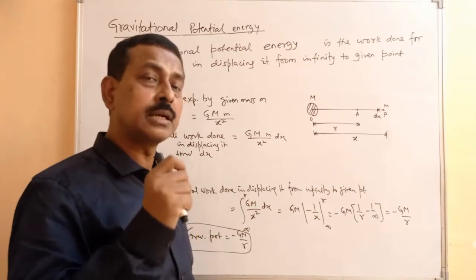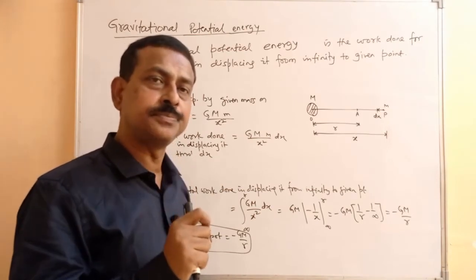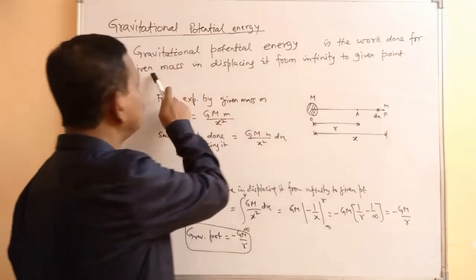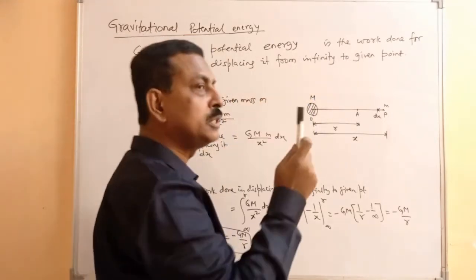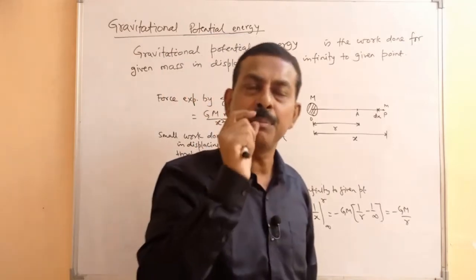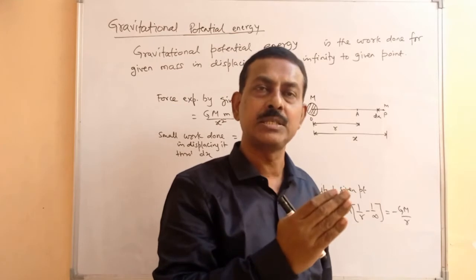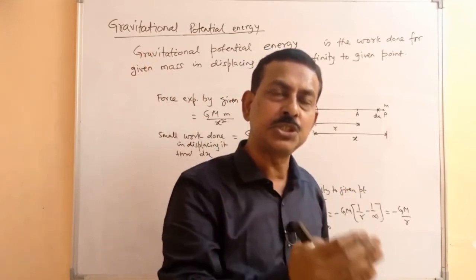Another term is gravitational potential energy. This is the work done for a given mass in displacing it from infinity to a given point. Remember, gravitational potential was the work done per unit mass in displacing it from infinity to a given point.